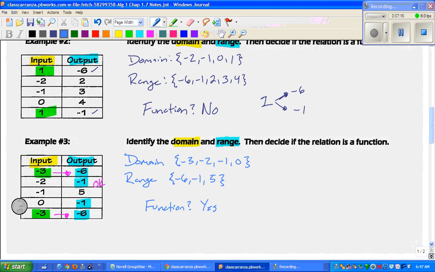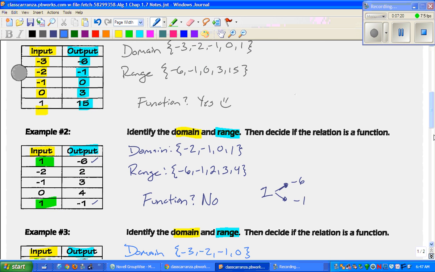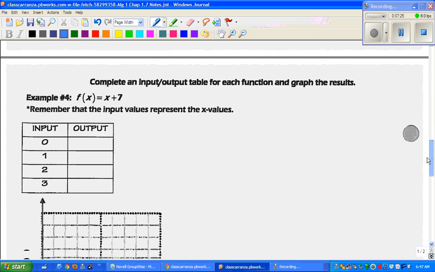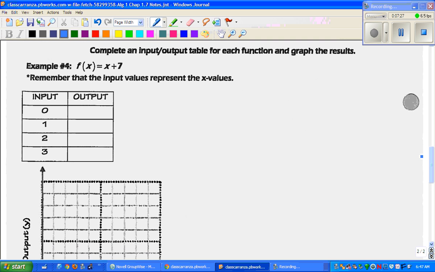All right, let's go ahead and flip it over. Now it says create an input-output table for each function and graph the results. Example number 4 says f of x equals x plus 7.